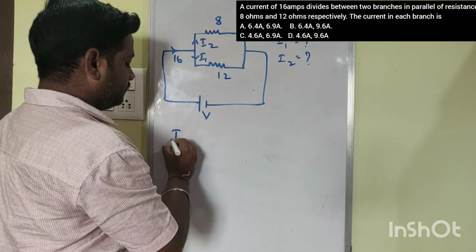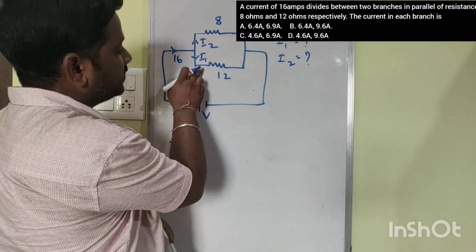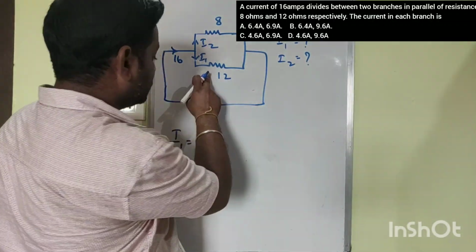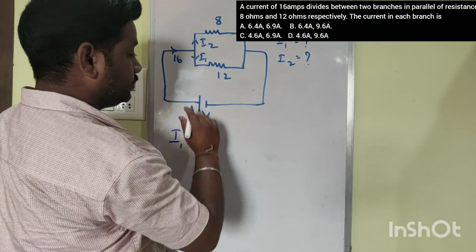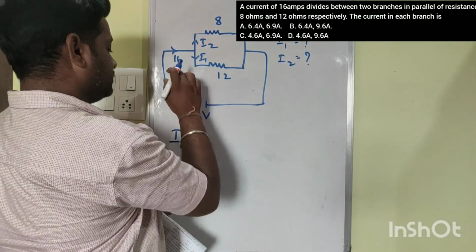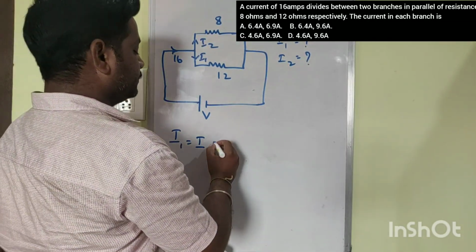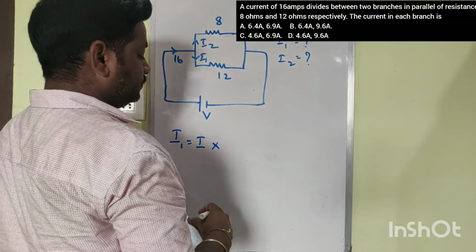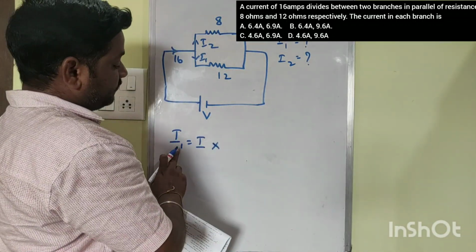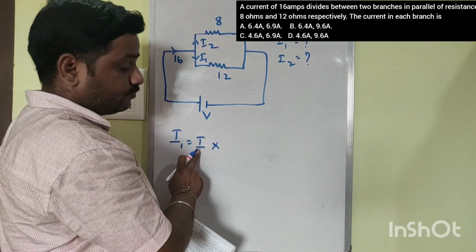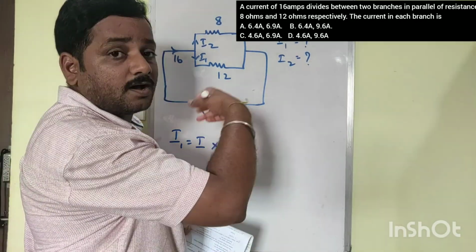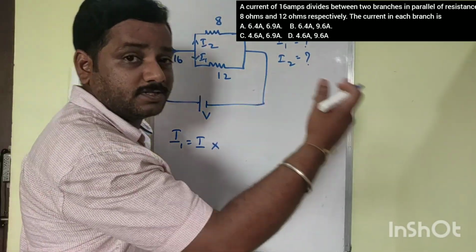If you want to find the current I1, that is the current in this branch, we can get a formula like this. I1 is equal to the total current in the circuit, that is 16 amperes. Total current, let me denote it as I, into the resistance of the opposite branch.